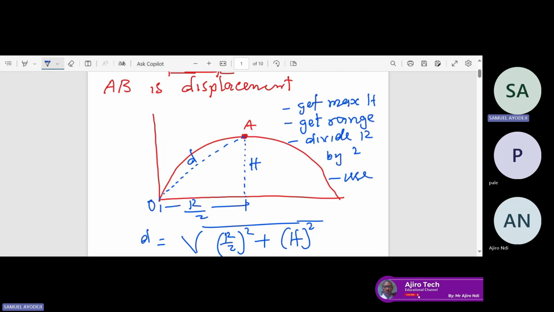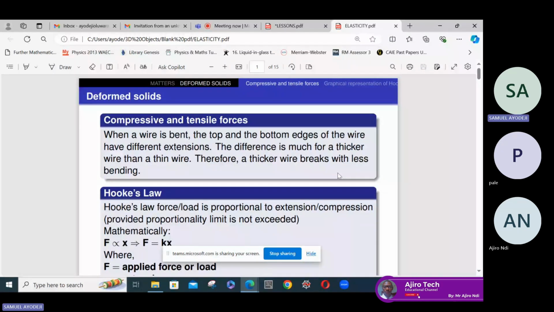Okay, so that will be displacement. Let me see the deformed solid. Compressive and tensile forces.